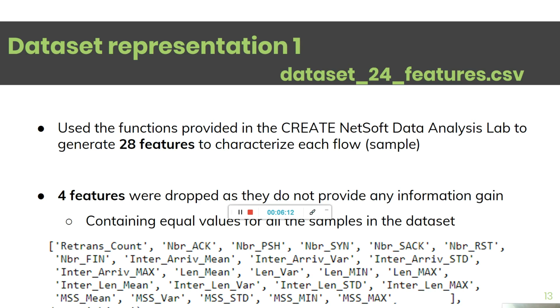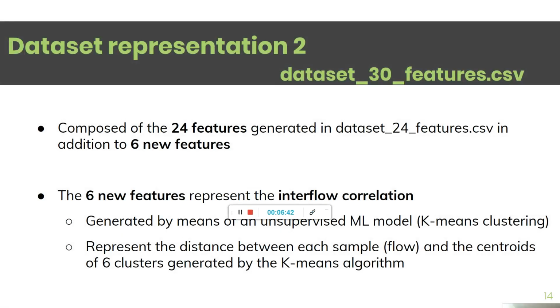Those features include features related to the inter-arrival time between packets of a certain flow, the mean length of the packets of a certain flow, the number of retransmissions within a certain flow, and others, as you can see on this slide. So 4 of those 28 features generated were found to have the same value for all the different samples, so they were dropped and we were left with 24 features.